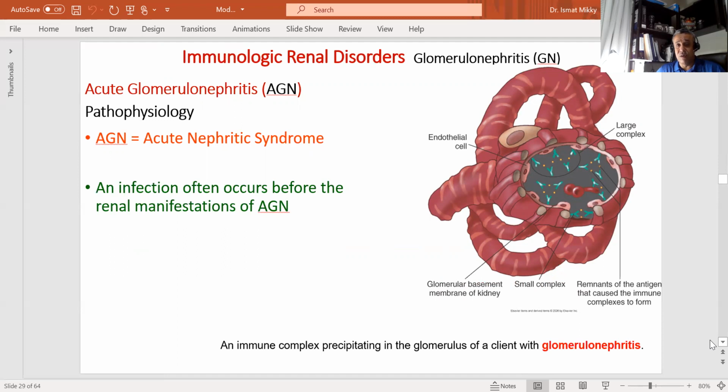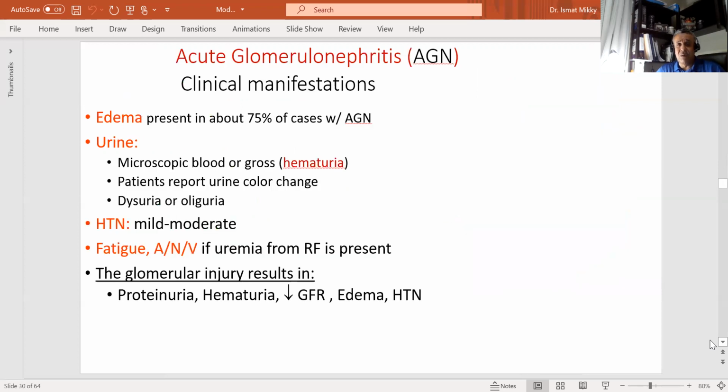A large amount of protein will be lost in the urine, and that's when the patient develops the edema due to the decrease in colloidal oncotic pressure. The patient will present as if they have acute nephritic syndrome, as the AGN itself is called acute nephritic syndrome. But there is also another disease called nephrotic syndrome. So let's just finish the AGN first, and then we go to the nephrotic syndrome.